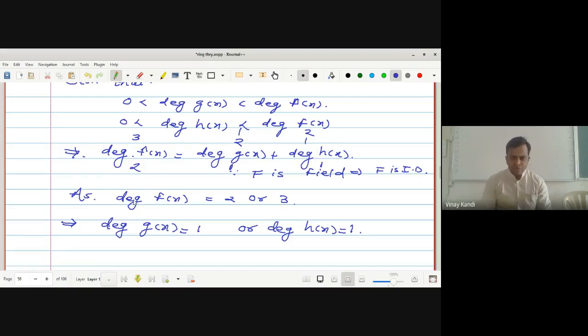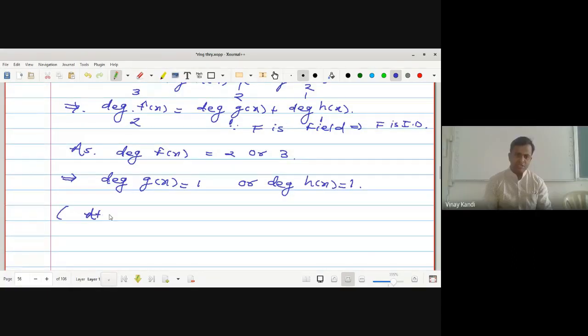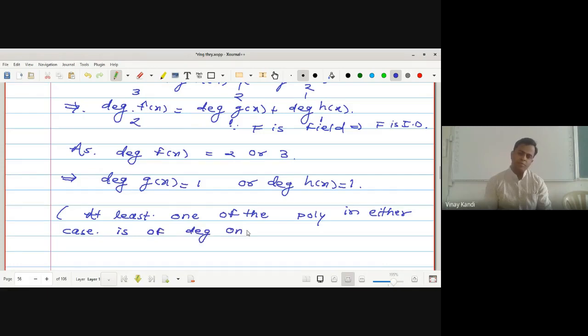As degree of f of x is equal to 2 or 3, it implies degree of g of x is equal to 1 or degree of h of x is equal to 1. Any doubt? No, sir. The reason is that at least one of the polynomials, in either case, is of degree 1.